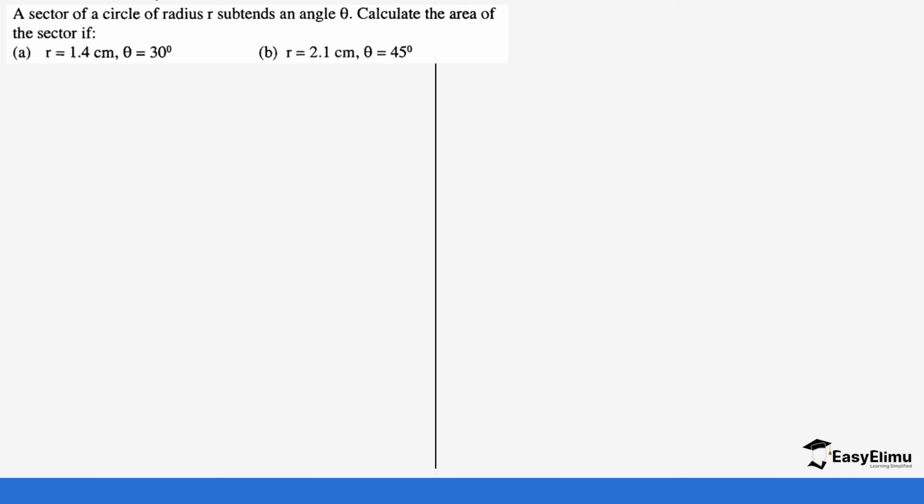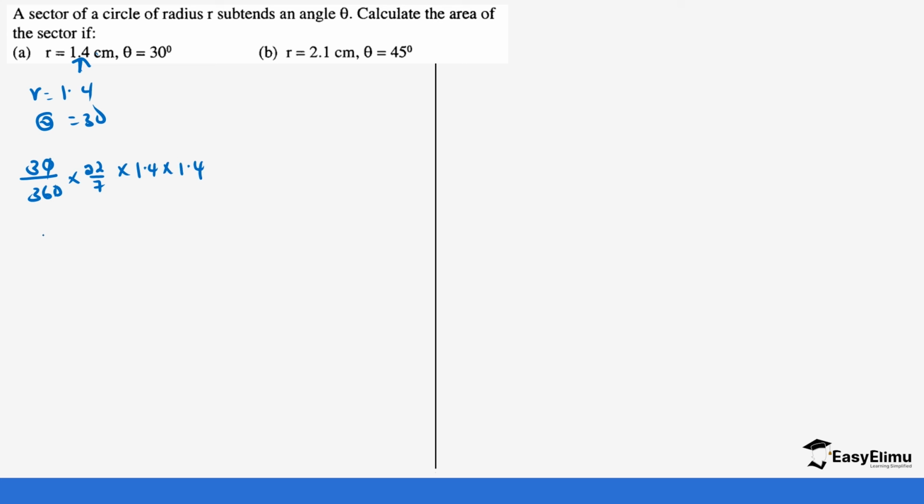A sector of a circle of radius r subtends an angle; calculate the area. So our r in this case is 1.4 and our angle is 30. We look at A. So this is going to be 30 over 360 times 22 over 7 times 1.4 times 1.4.